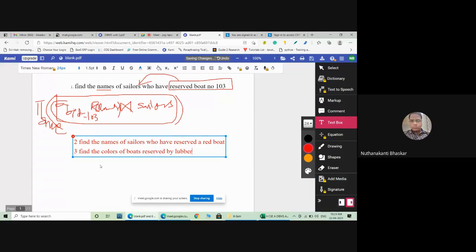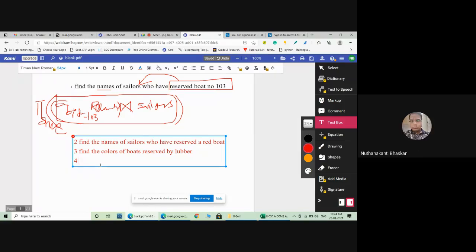He has reserved some boats. Out of those boats, what are the colors of the boats he has reserved? That's what you have to display. Understand the question? All of you understood this question? You have to display the colors of boats reserved by Lubber.